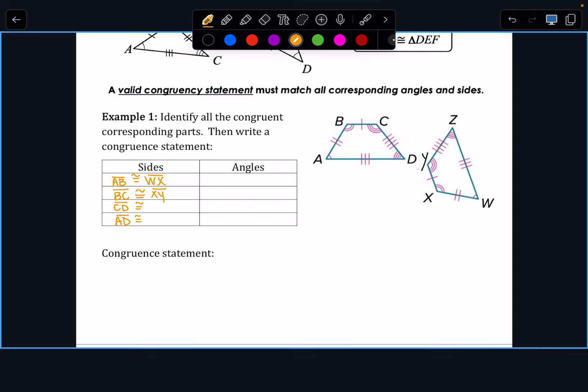What do we put congruent to CD? YZ. What do we put congruent to AD?